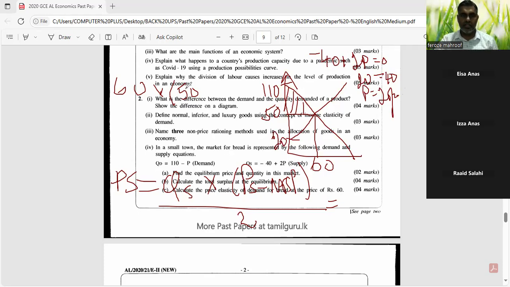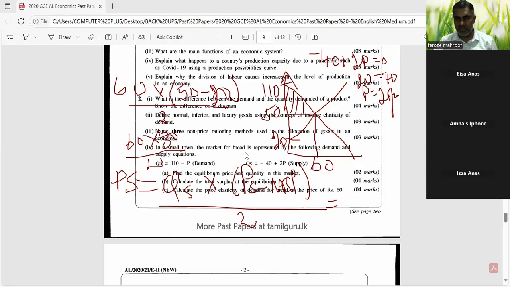Then 60 into 50 minus 20, over 2. Therefore, 60 into 30 over 2. So 900 is coming.